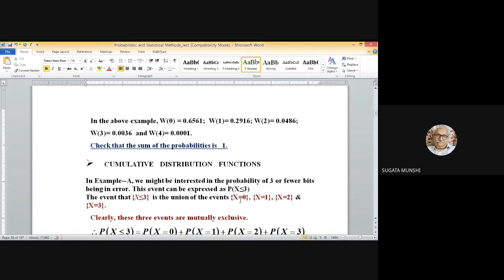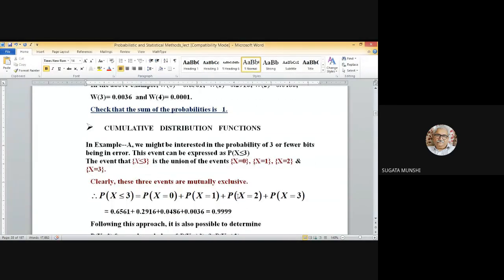Capital X less than equal to 3 means capital X can take on values of 0, 1, 2, and 3. So the probability of capital X less than equal to 3 will be the sum of these individual probabilities: probability of X equal to 0, probability of X equal to 1, etc. So it comes out as 0.9999.